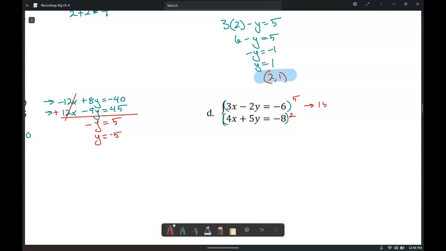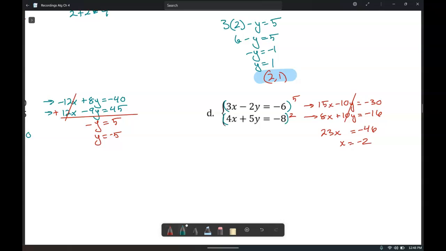First one becomes 15x minus 10y is 30, and the second one becomes 8x plus 10y equals negative 16. This time our y terms cancel, leaving us with 23x equals negative 46, and x equals negative 2.